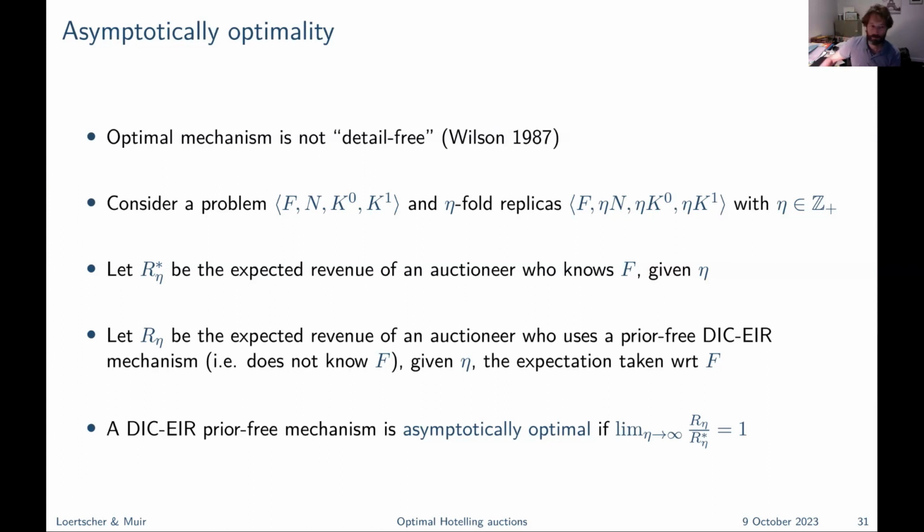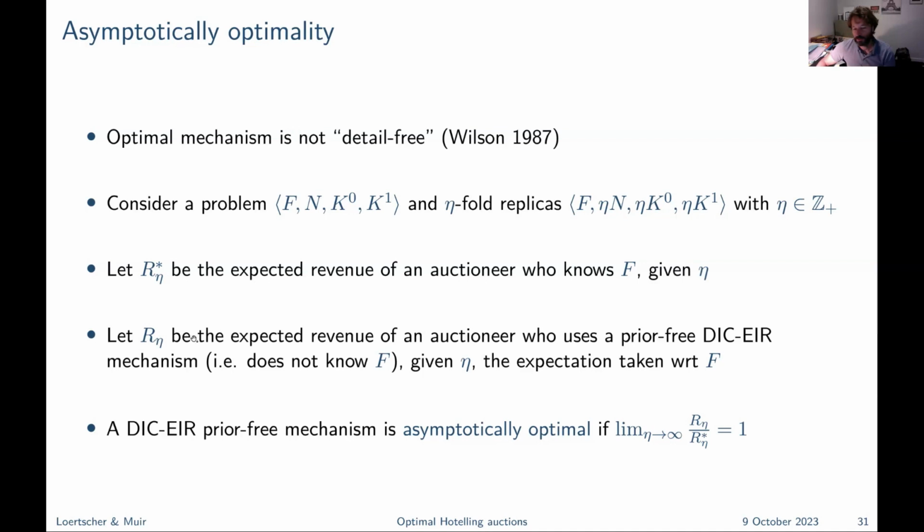And so what we have in mind is: fix a problem characterized by a distribution, a number of agents and a number of goods. And now we're going to look at eta-fold replicas of that, where we multiply the number of agents and number of goods by eta, but still assume that everybody draws their types independently from some distribution F. And R star eta will be the expected revenue of a designer who knows the distribution F given eta, using the optimal mechanism.